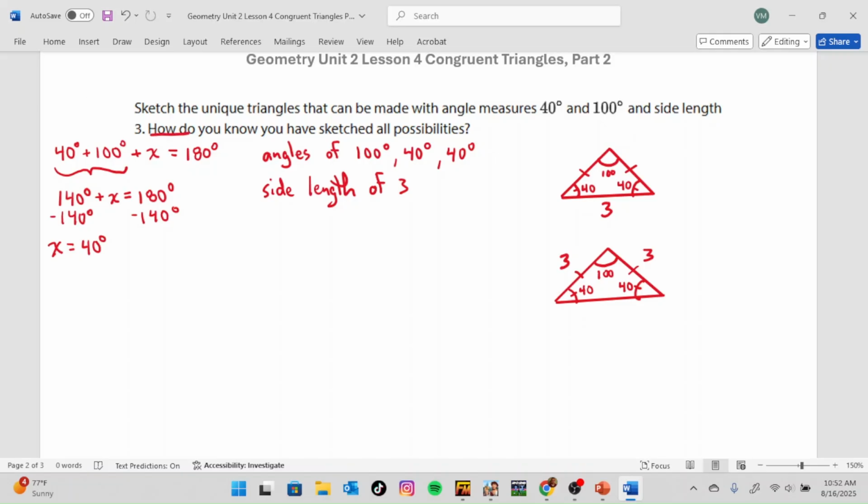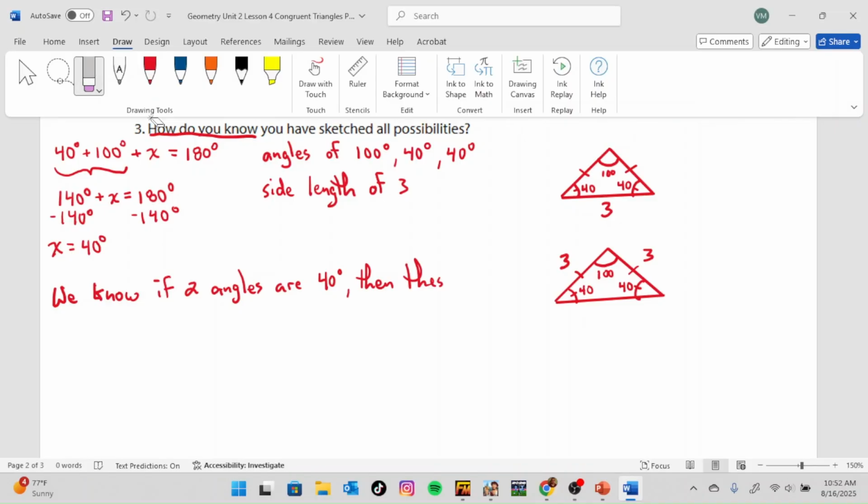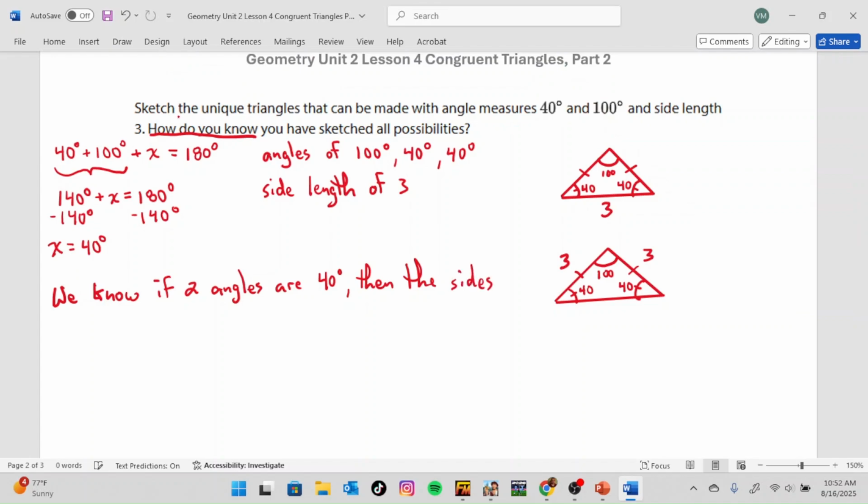So, how do we know? If two angles are 40 degrees, then the sides opposite the 40-degree angles are congruent.